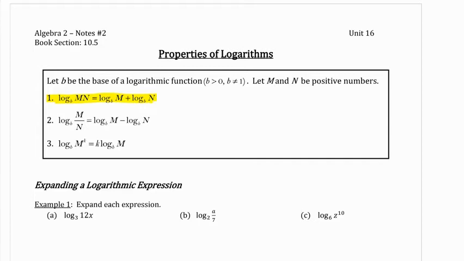This should look familiar to a rule where if you've got something raised to an exponent and then times something raised to another exponent, as long as they have the same base, we can multiply, or I'm sorry, add those exponents, right? M plus n. Remember that rule with exponents? That's where the same rule comes from with logs. The same kind of thing, because remember, logs and exponentials are inverse functions of each other. So that's where that rule comes from.